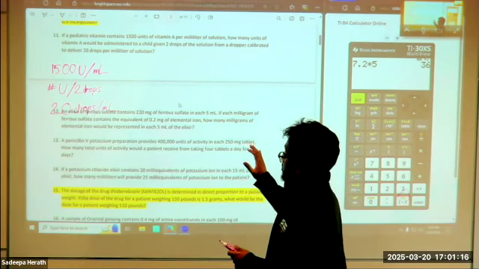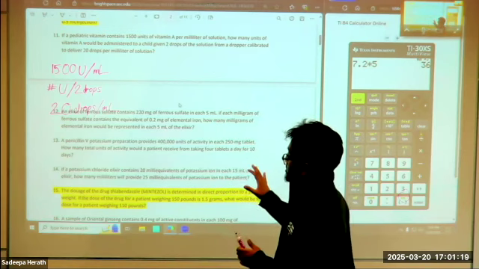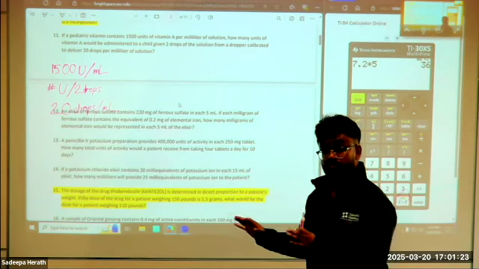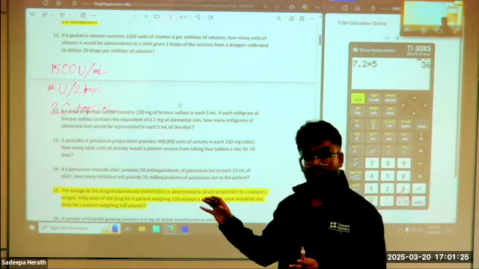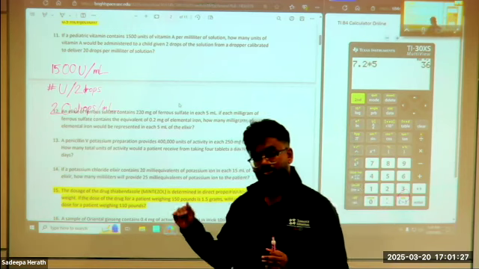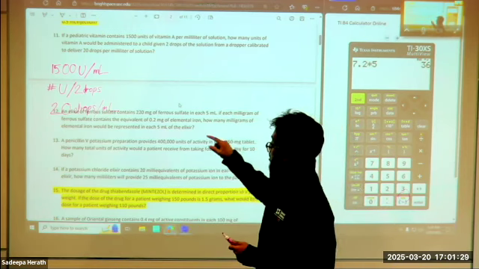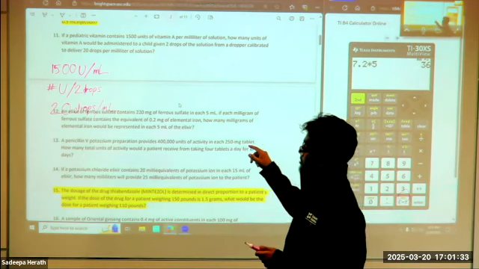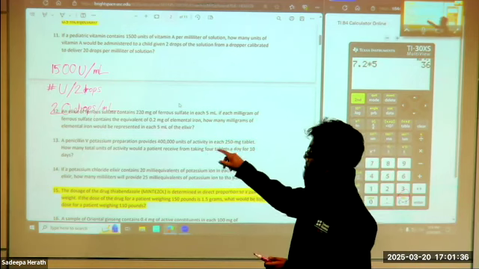So the best way to go about it is to see what units are equal to each other, and then find a connection and go from there to solve our answer. For this one, there's 1,500 units per ml and 20 drops per ml.